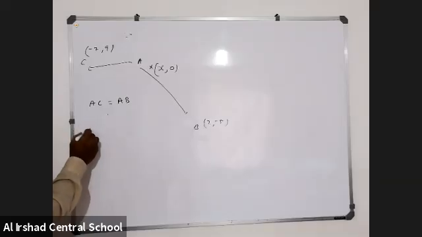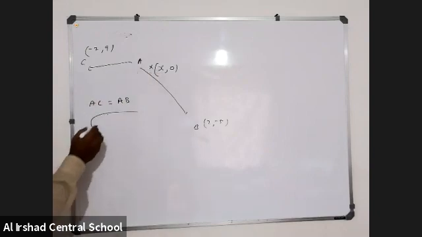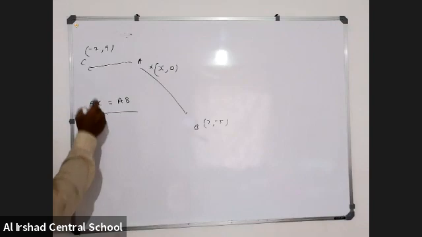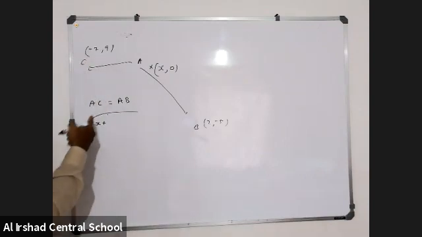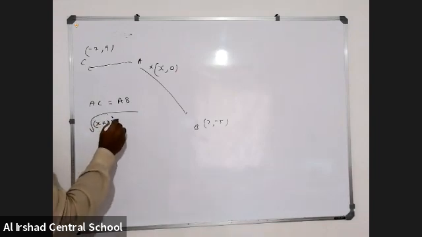AC is equal to the root of (x plus 2) whole square, that means x plus 2 whole square, plus 0 minus 9, that means 9 square.